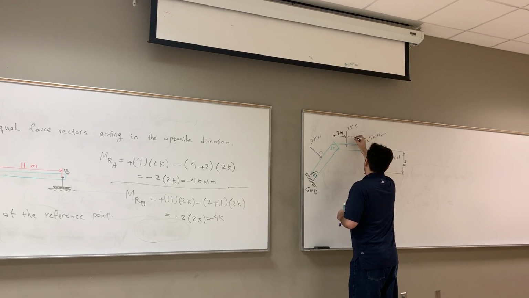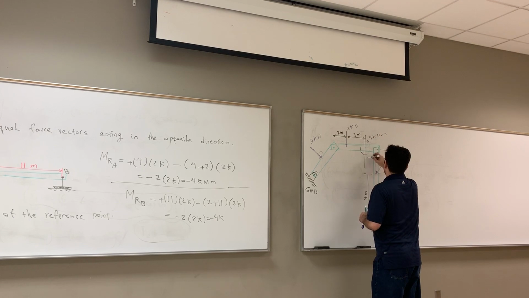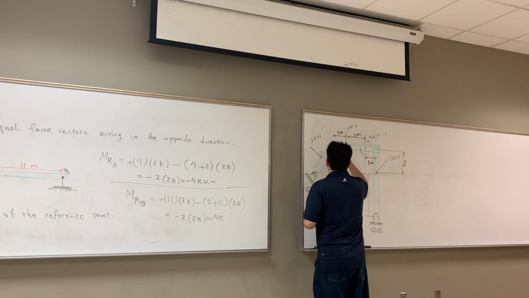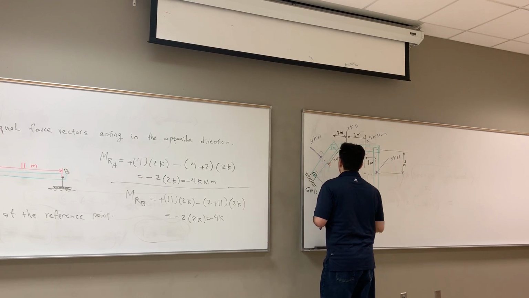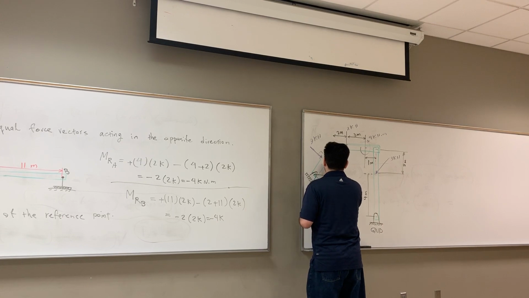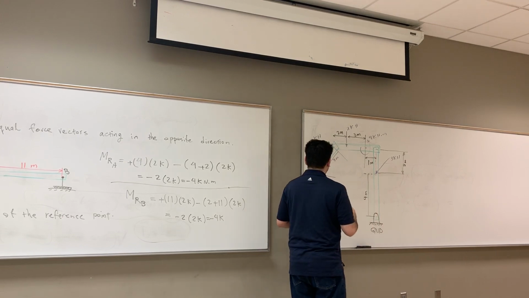Here to here, 3 meters, and here to here, 1 meter, and this length is half, and the angle is 45 degrees.